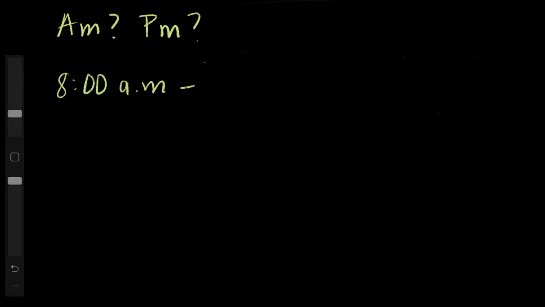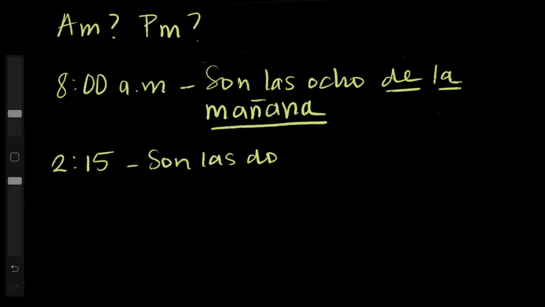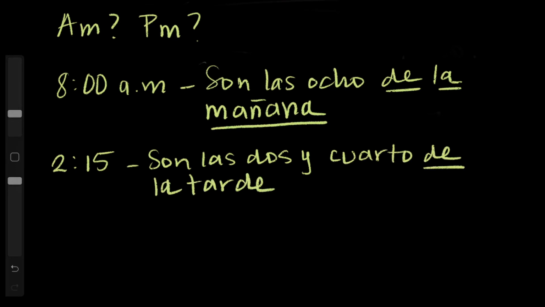So for 8 a.m., we will say son las 8 de la mañana. For 2:15 p.m., we will say son las 2:15, or you can also say son las 2:15 de la tarde.